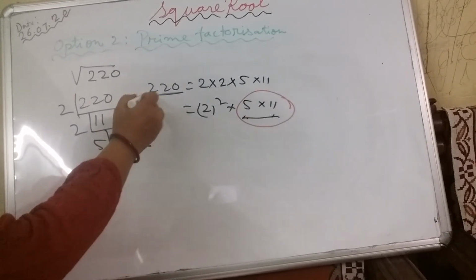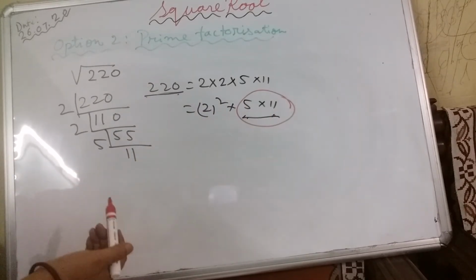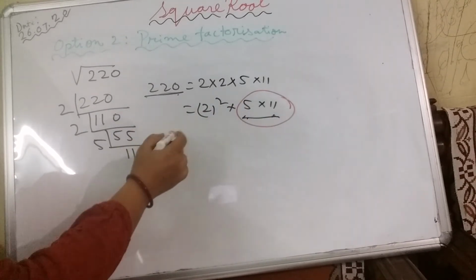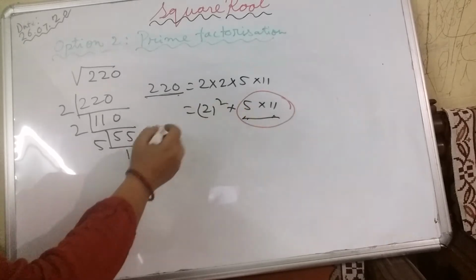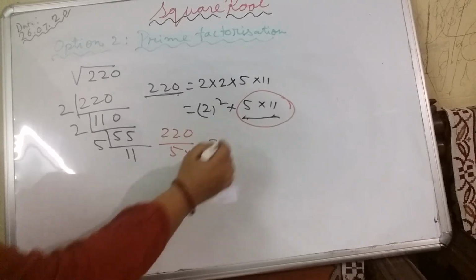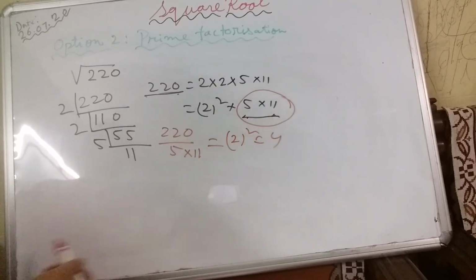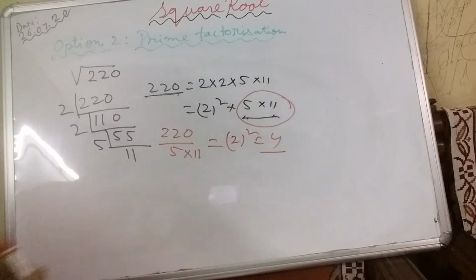If I divide it by 5 into 11, then it will become a perfect square. So if I divide it by 5 into 11, it will become 2 square, it will become 4. Now 4 is the nearest perfect square number you can get from this factorization method.